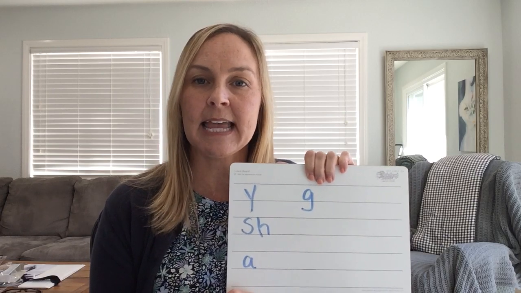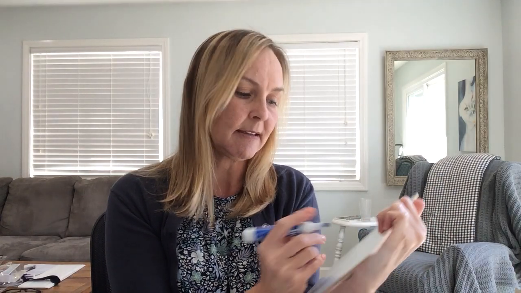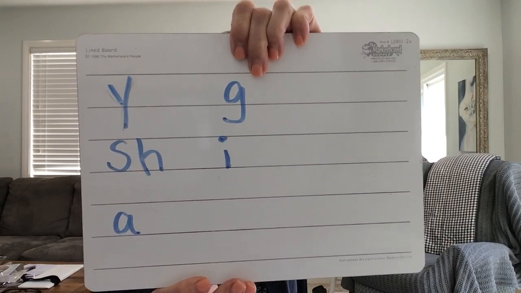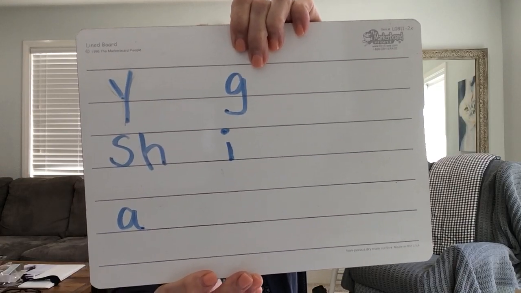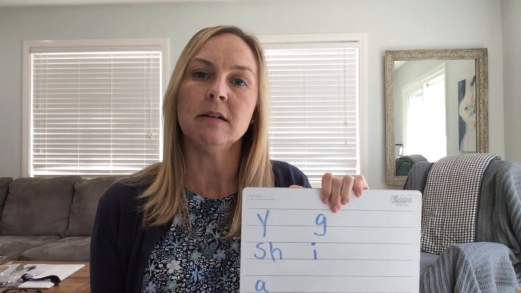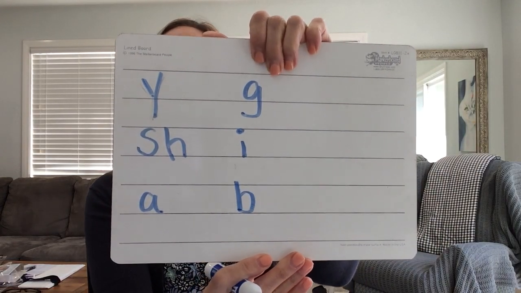I. Say it and write it. I makes the I sound. And the last one, what letter makes B? B. Say it and write it. Okay. B makes the B sound.